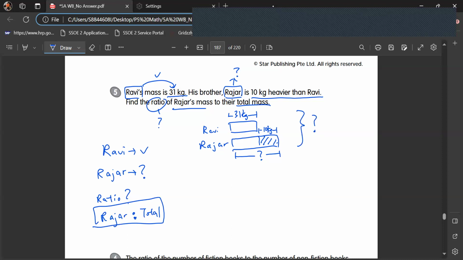So there are 3 question marks you need to find. First find Raja, second find total, third find ratio. So step one, Raja, which is not too difficult: 31 plus 10.